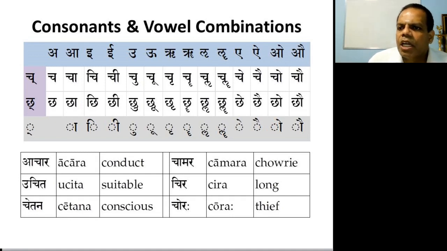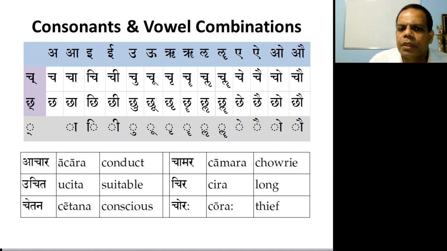So I've taken the Cha Varga, the next Varga in Sanskrit. I have the first and the second put together here. I'm just going to go over them. Please watch and maybe you can pronounce and follow along.